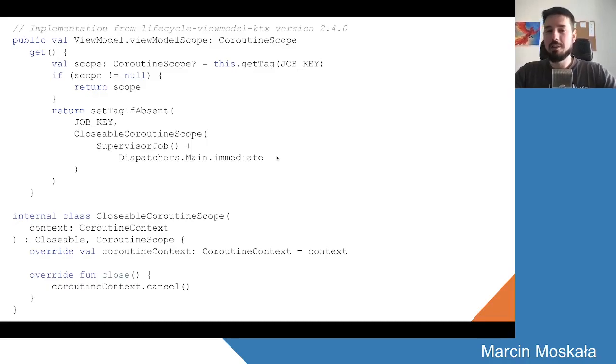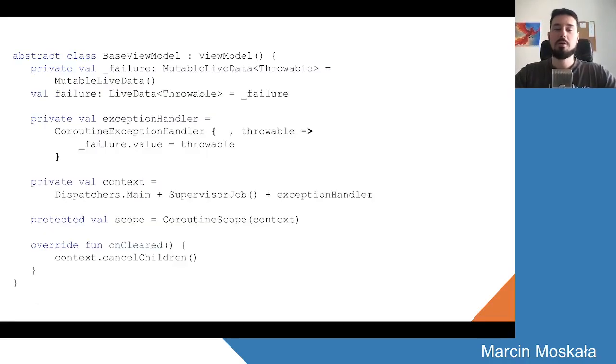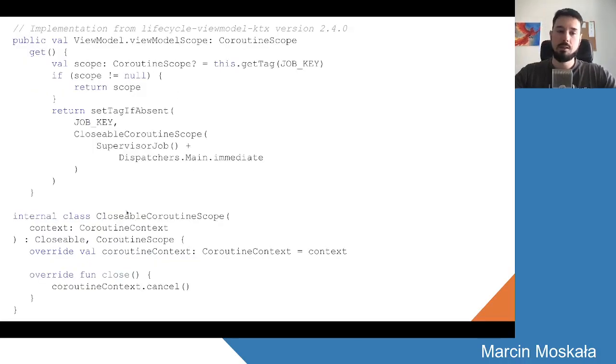So it's nearly exactly what we did here. It's just that here we also had this exception handler. Outside of that, everything else is in the view model scope already. So this is quite convenient.